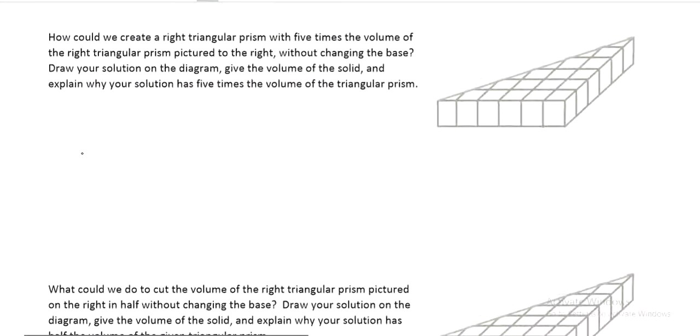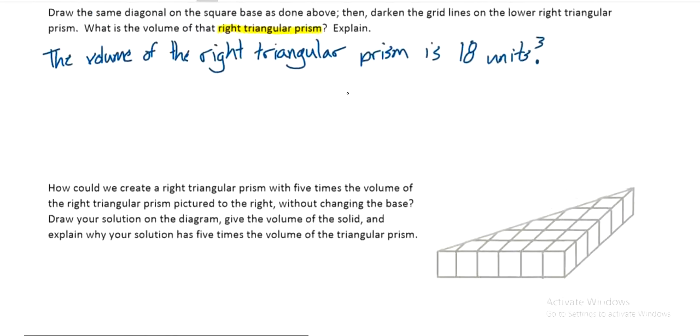Next part down says, how could we create a right triangular prism with 5 times the volume of the right triangular prism pictured to the right without changing the base? Draw your solution diagram, give the volume of the solid, and explain why your solution has 5 times the volume of the triangular prism. So, kind of hard to draw this, especially since I am not good with art at all.